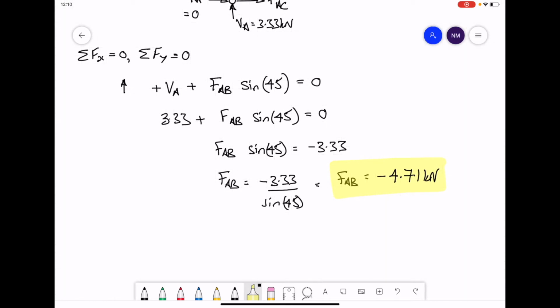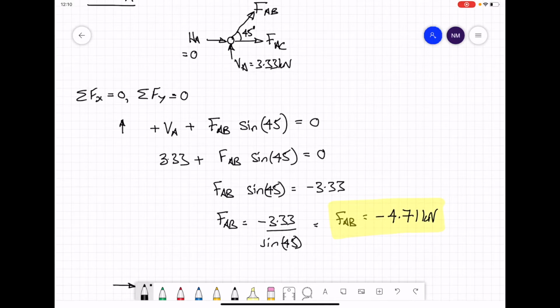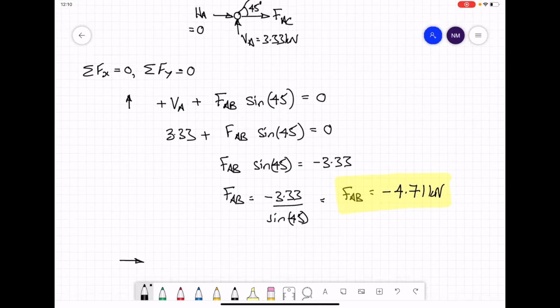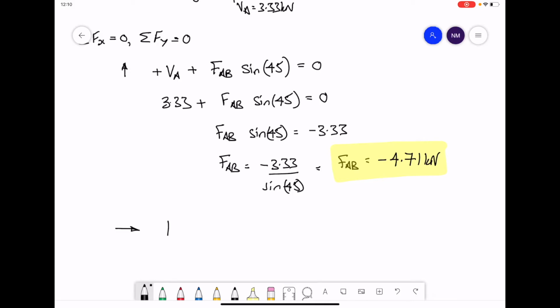Doing the same, now resolving forces horizontally. What we have from our free body diagram are three forces going horizontally. We have HA, positive, plus FAC, plus the part of the force AB which is going horizontally, which is FAB cos of the angle, 45 degrees.